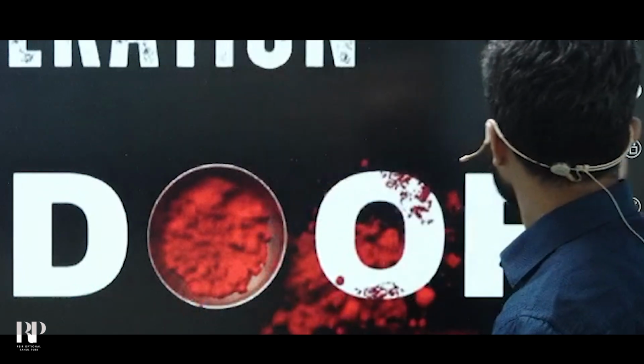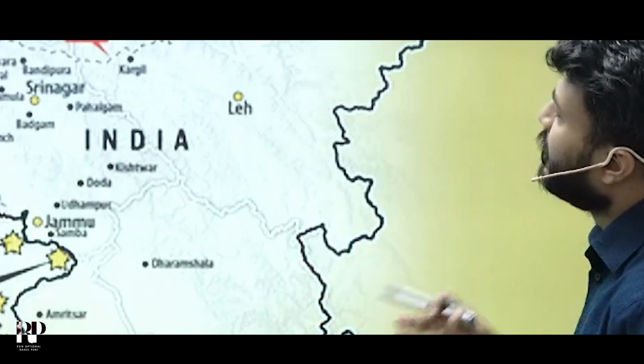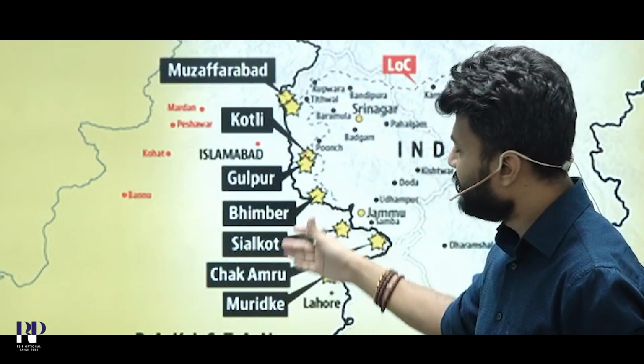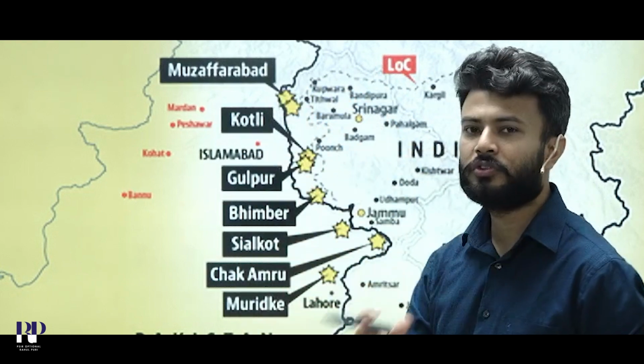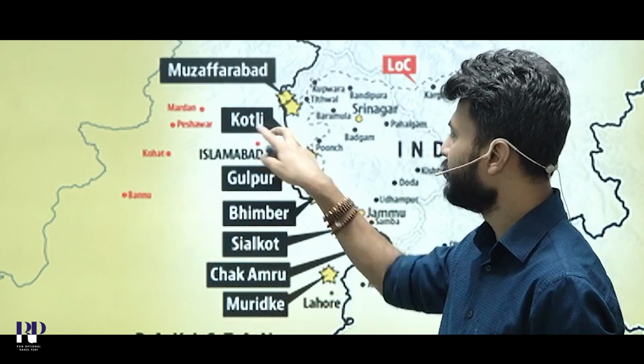Okay, so basically this map shows you the important sites which were targeted by Indian missile systems. So here you can see there are 8 locations because 2 sites were targeted within this city of Kotli.